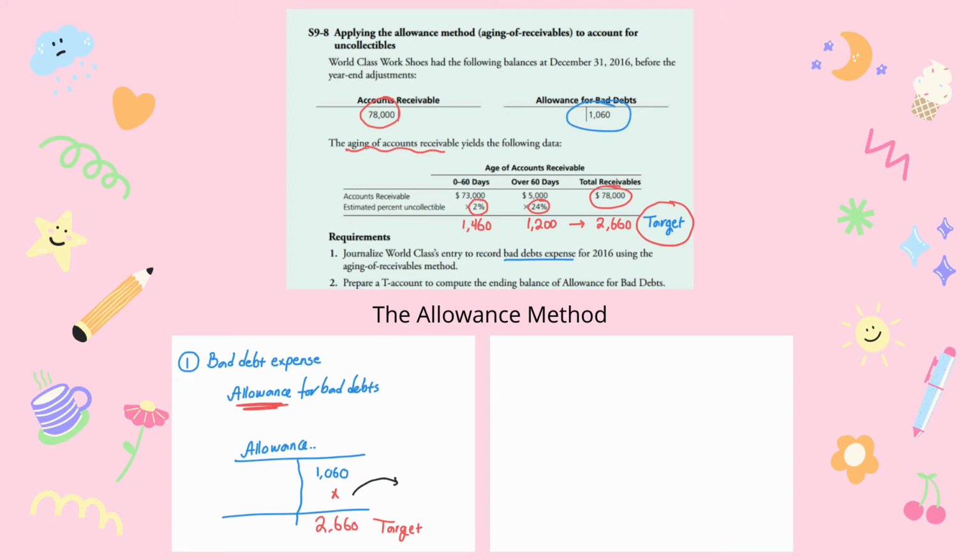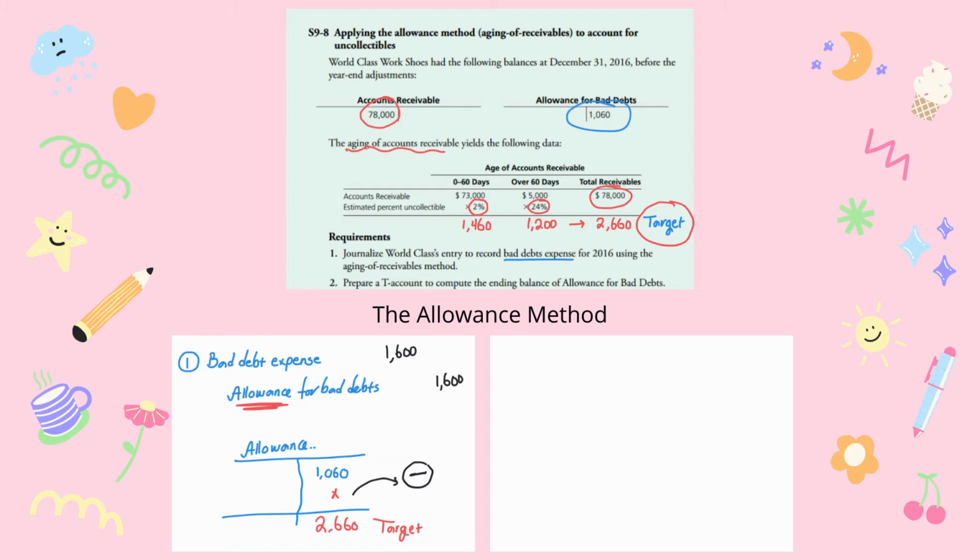Shall I add or subtract? I need to subtract, because 1,060 plus X equals 2,660. So 2,660 less 1,060 is going to be 1,600. I need to subtract. It's going to be 1,600.